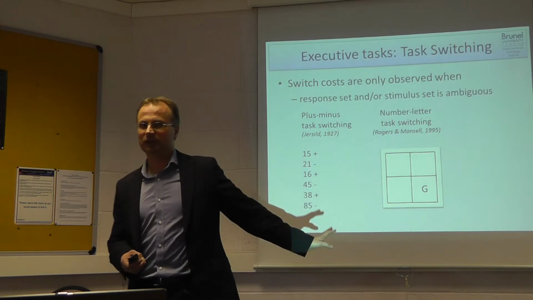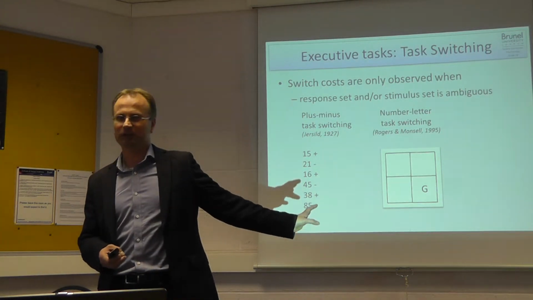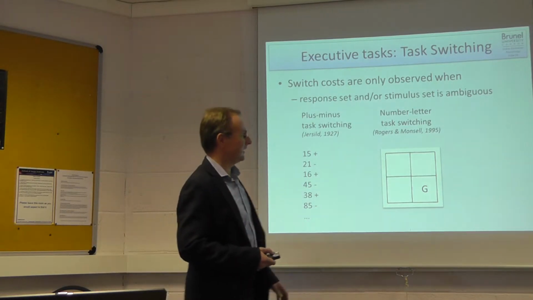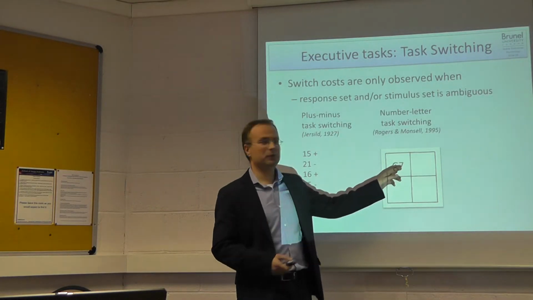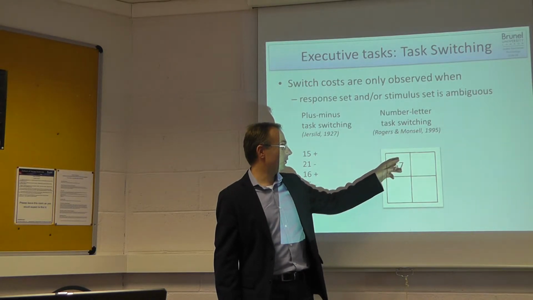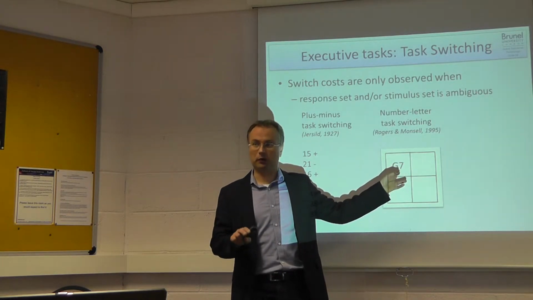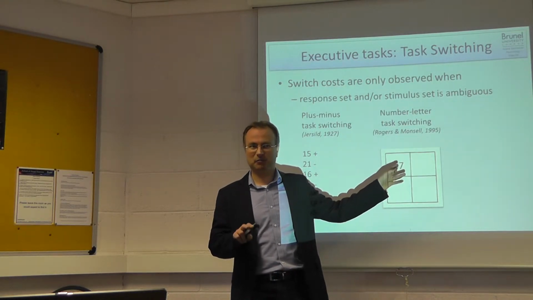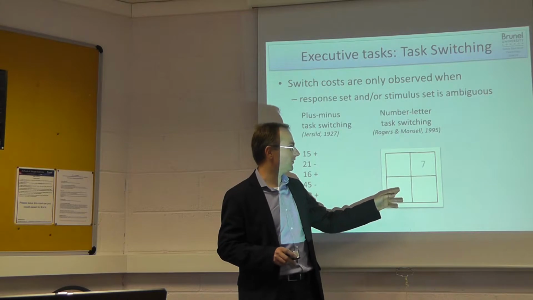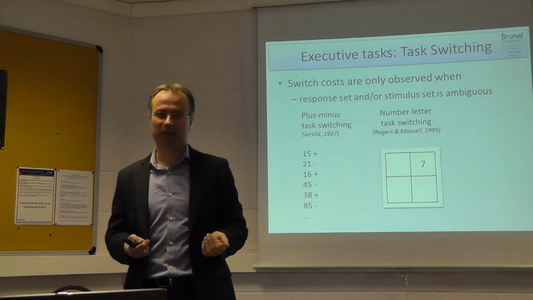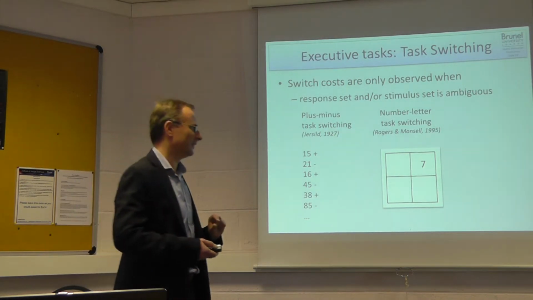But then you don't have task switch costs when you do the task like that. So the costs arise only when you have the ambiguous stimulus. Then in another way of putting that, with what you see, you could do both tasks. If you clarify, disambiguate the situation in a way so that you actually can do only one task, you don't have switch costs, or at least extremely small.